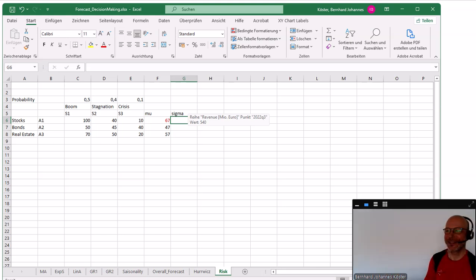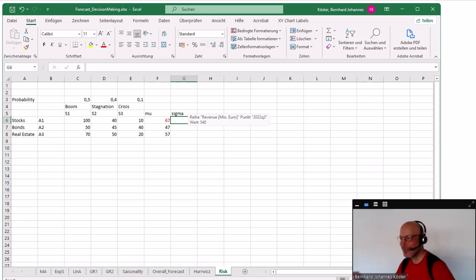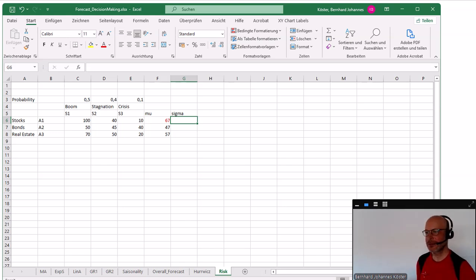Sorry. No. We are in the 4th hour. It's okay. Variance. I have to calculate all squared distances, multiplying this with the probabilities, summing up, and afterwards taking the square root.